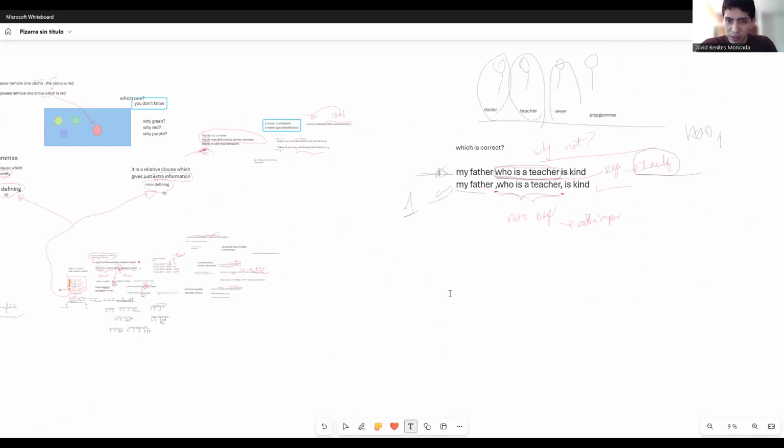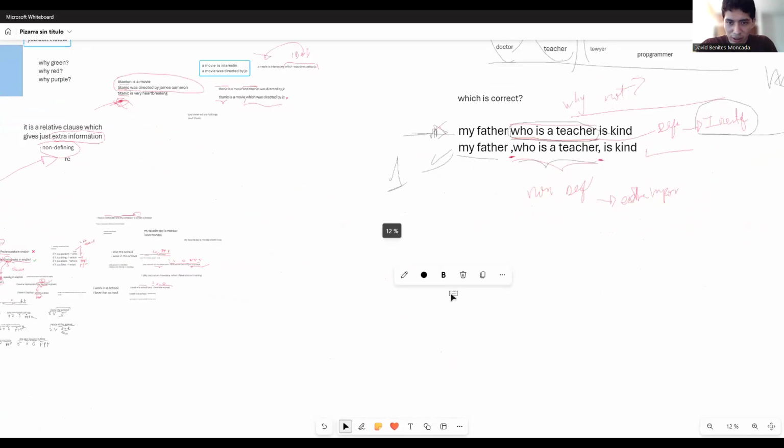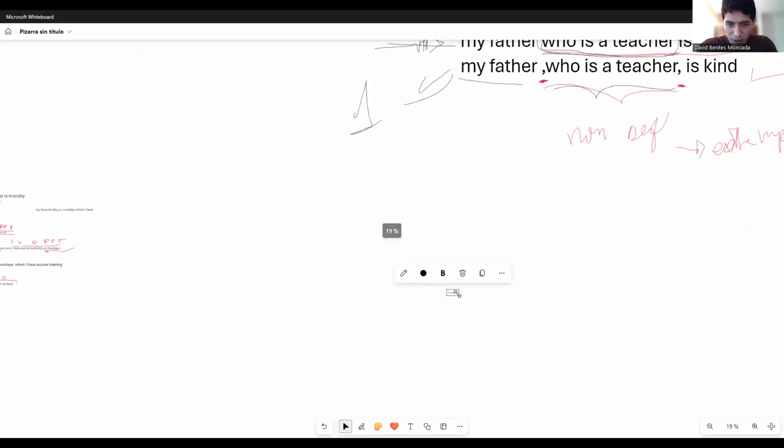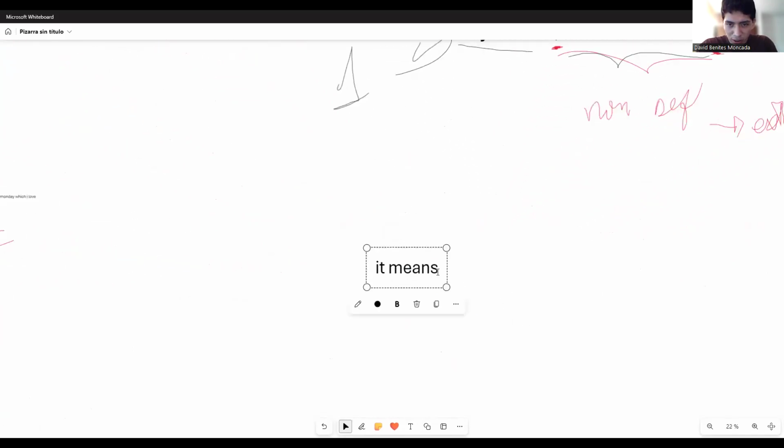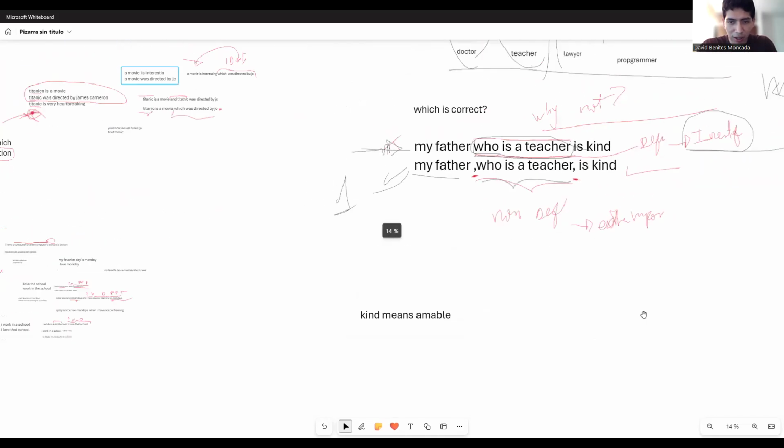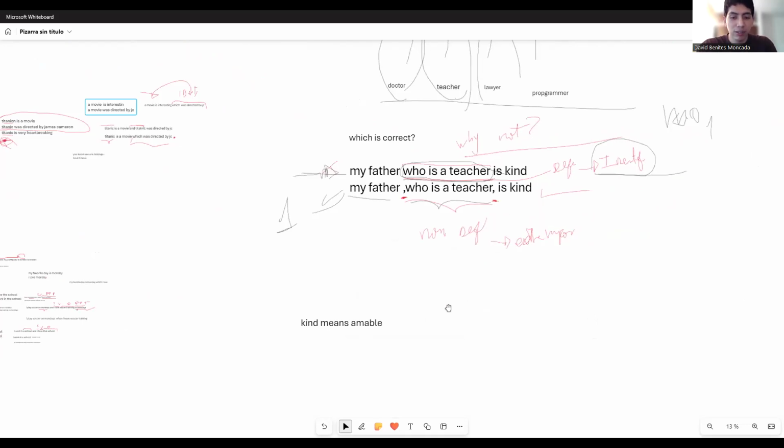Okay, for example, it means... Weeks means quince. Kind means amable in Spanish. Kind, kind. Yes.